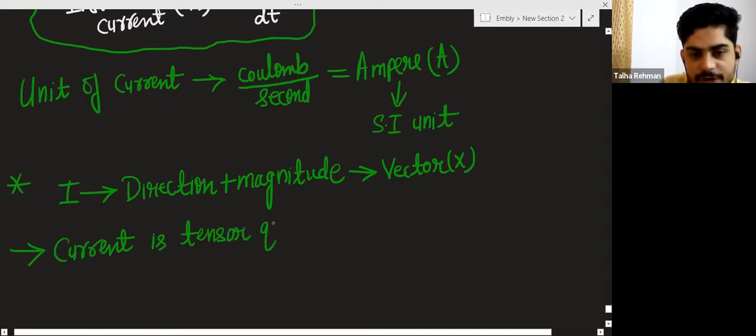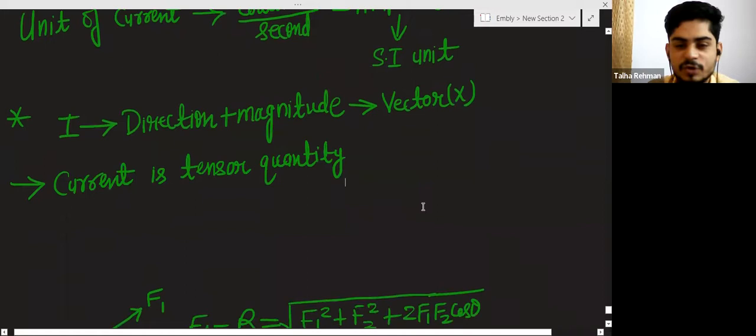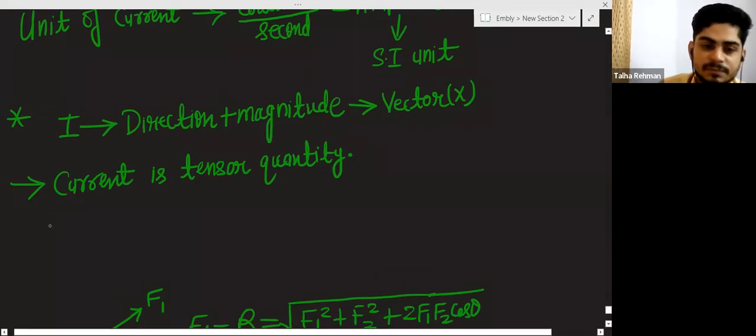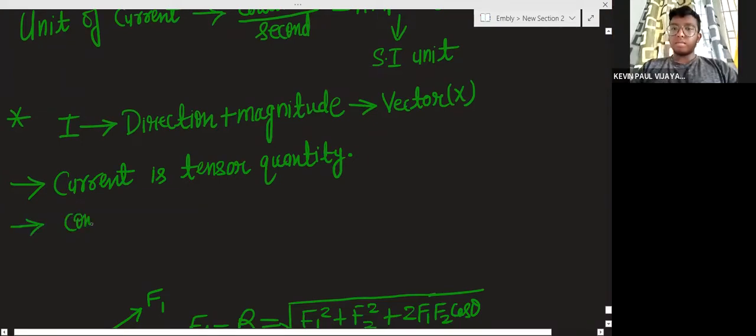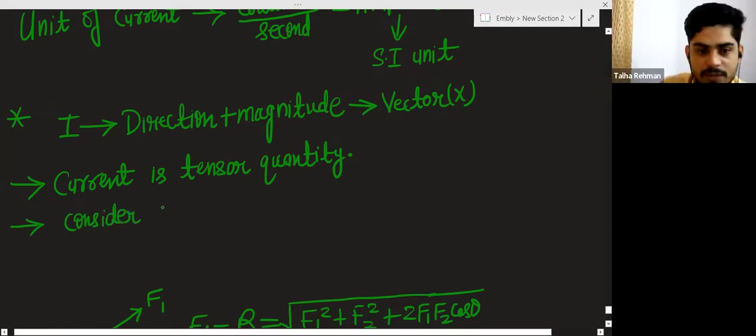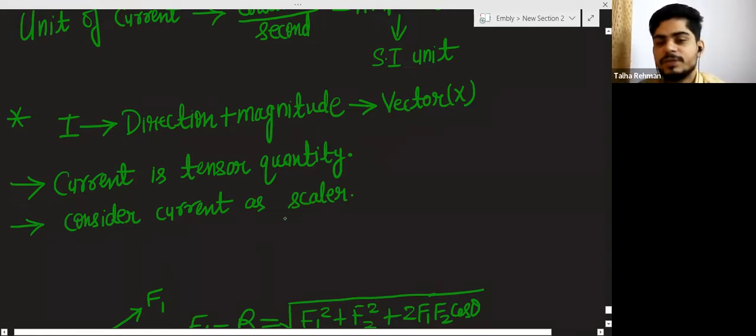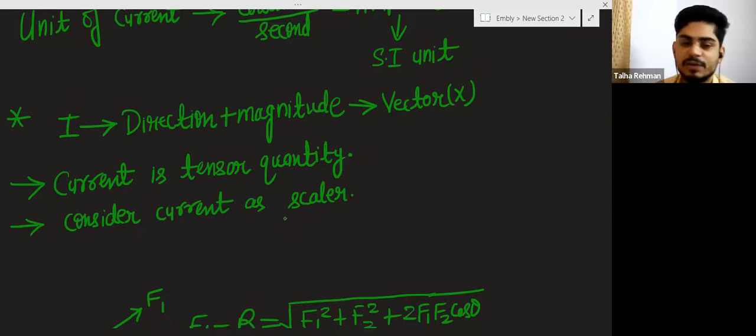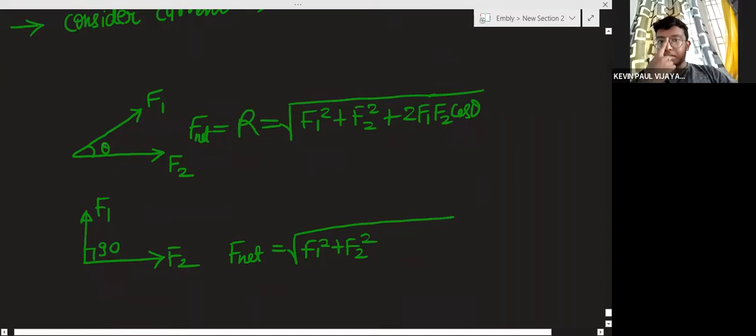But because tensor quantities are not part of your syllabus, you should just consider current as a scalar. What is the meaning of that? Meaning of this is you will add the current simply like scalars. 5 plus 2 is equal to 7 and all that.